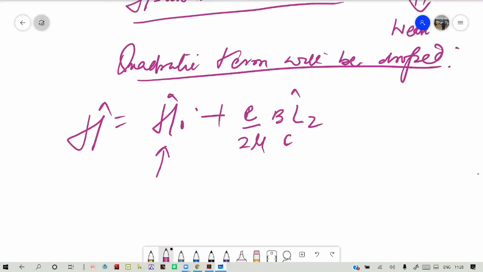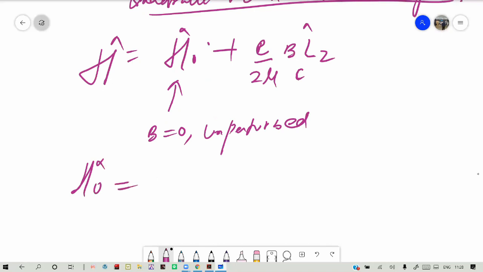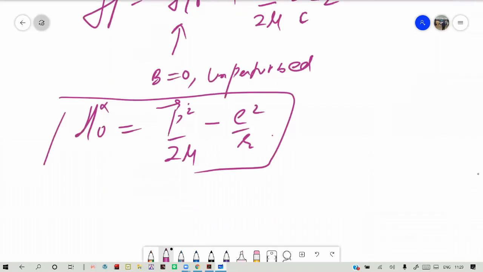This is when B is equal to 0, that is unperturbed, and its value is kinetic energy plus potential energy, that is equal to P square by 2 mu minus e square by r in atomic units. So this is the unperturbed part of the Hamiltonian.